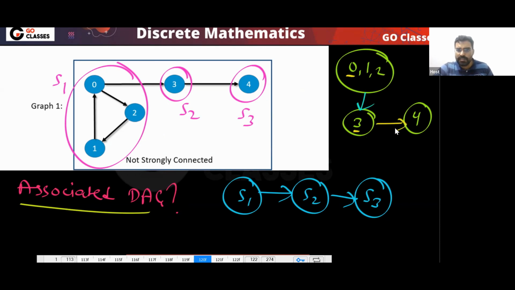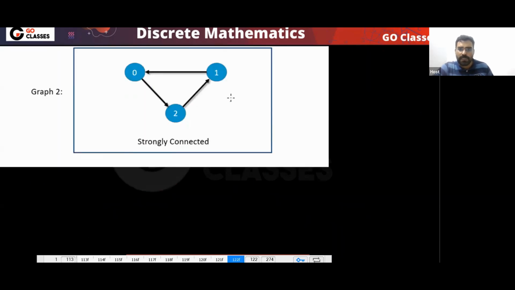You can notice this is a directed acyclic graph. If you notice, there is no cycle. Let's see this question. In this question, what will be the associated DAG?